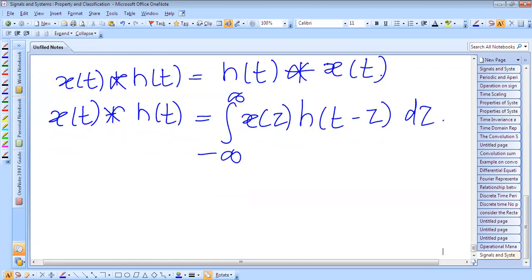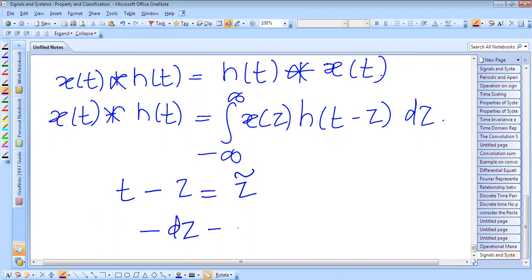And therefore, we can write here t minus tau is equal to tau tilde, and therefore if you take the differentiation, d tau is equal to minus d tau tilde.